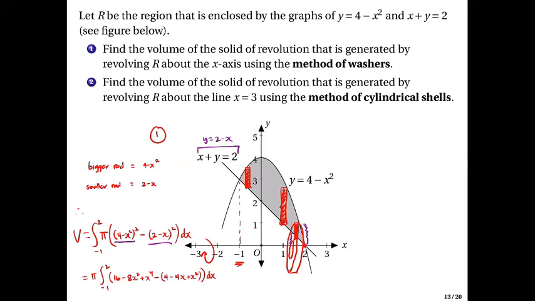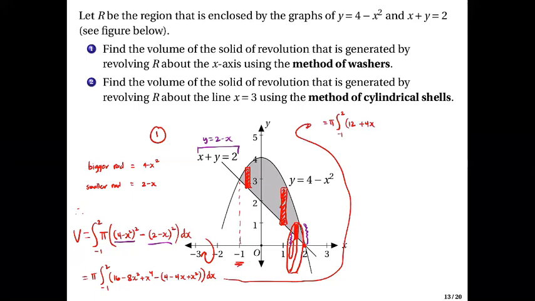So here, we continue the computation. We simplify, so equals pi times the integral from -1 up to 2. So we have there 16 minus 4, that's just 12. Then we have minus -4x, so that becomes plus 4x.